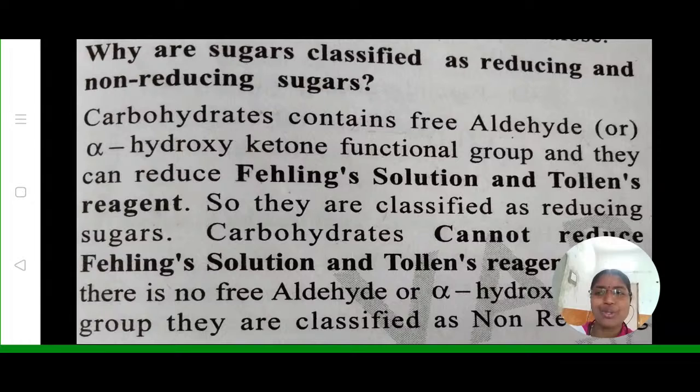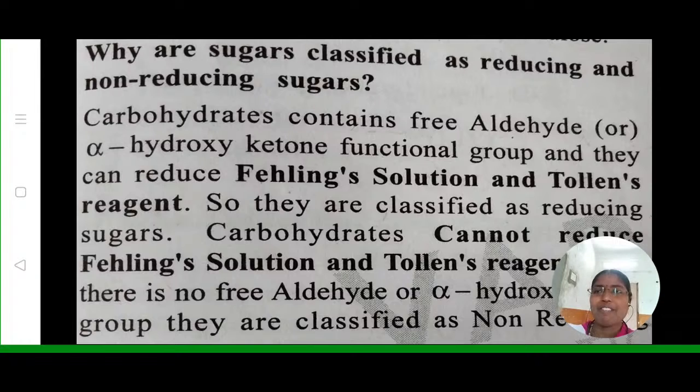They cannot reduce because there is no free aldehyde or alpha hydroxy ketone group in the carbohydrate, so they are called non-reducing sugars. Okay, this is the answer. In this question, the reducing sugars carry 1 mark and the non-reducing sugars carry 1 mark, totally 2 marks. So this is the second question.